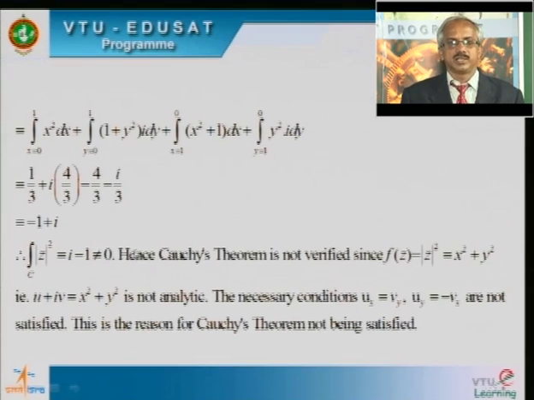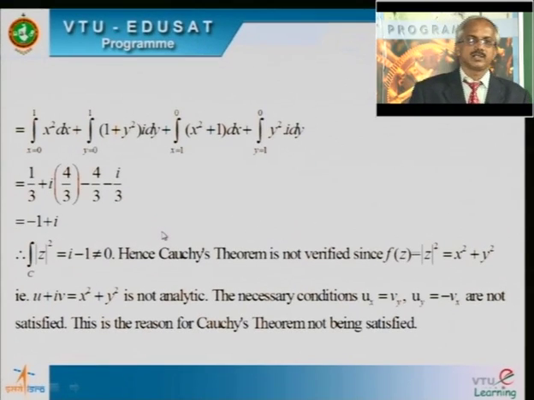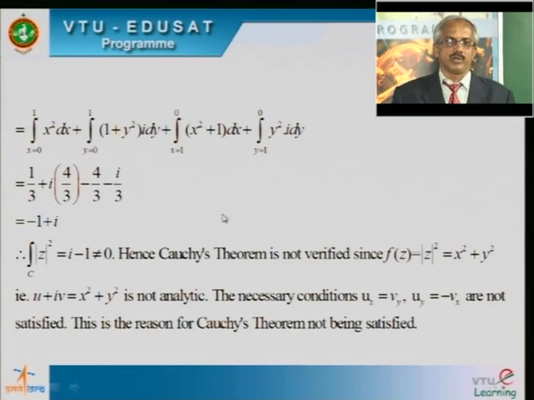But we have observed that in the previous case, z squared along the curve C square, we got that Cauchy's theorem is verified, but here Cauchy's theorem is not verified.